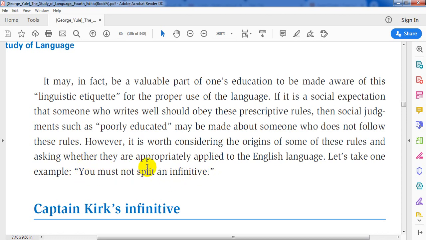You must not split an infinitive, that's to plus a main verb, which should not be disconnected. They tried to find a solution to moderate this, for not obliging people to follow this rule.